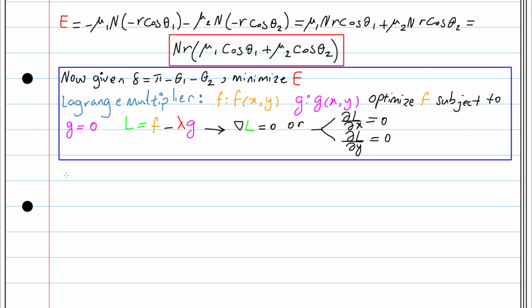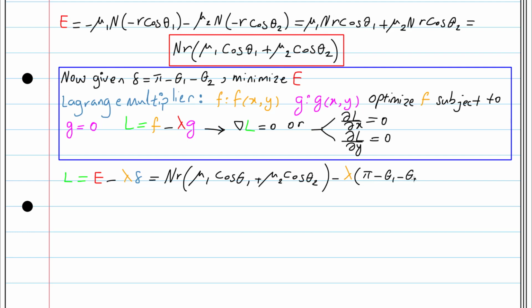In our problem, the Lagrangian function is L equals E minus lambda times delta, which is n r times mu1 cosine theta 1 plus mu2 cosine theta 2, minus lambda, which is a constant, times pi minus theta 1 minus theta 2.